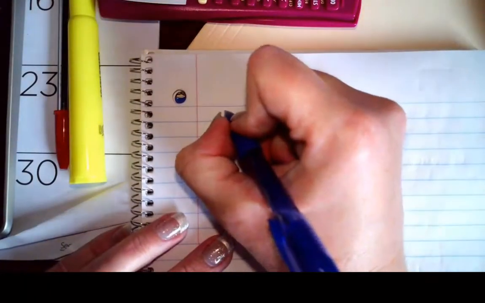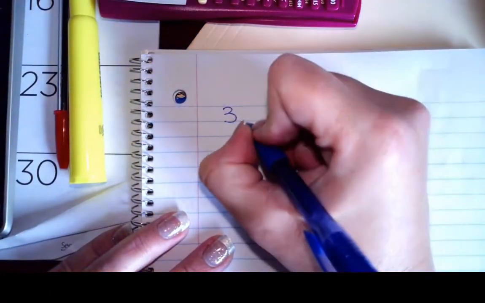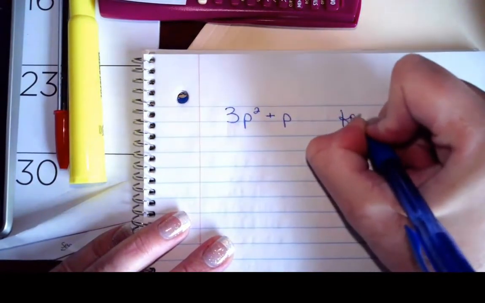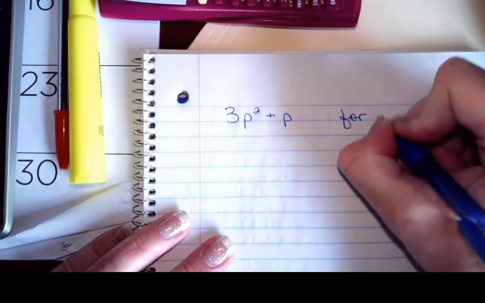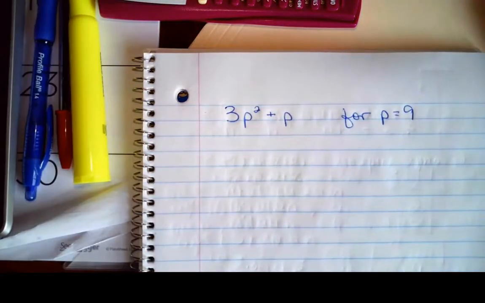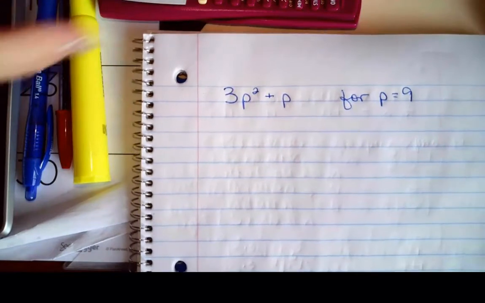So, a couple more problems. I'm looking for interesting ones. All right, so I'm going to evaluate 3p squared plus p for p equals 9. So this is how we started you in algebra back in elementary school.